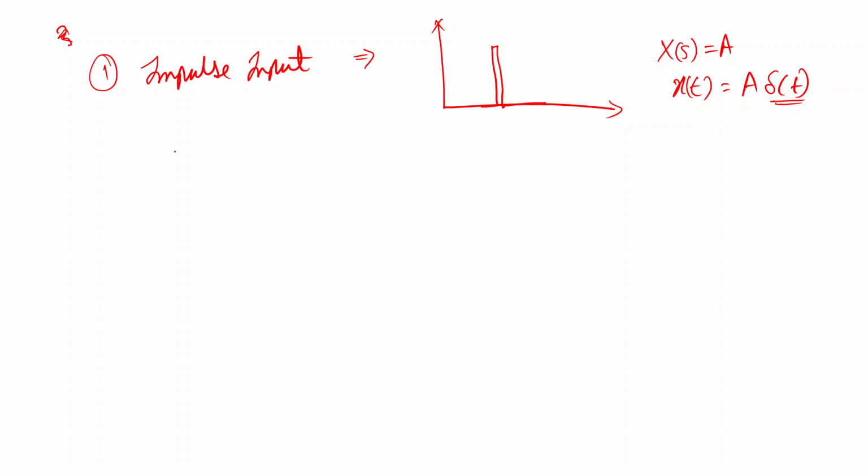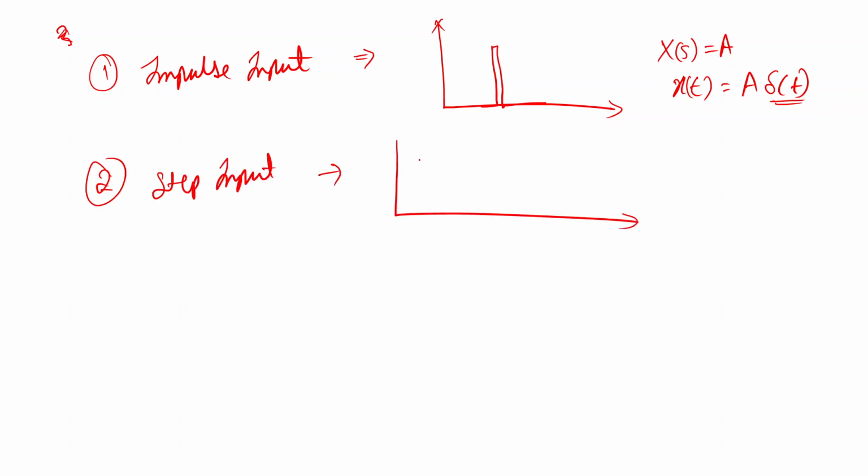The other kind of input that we will be dealing with mostly is step input. In step input we increase the input to a fixed point and then keep it constant, and the equation in S domain will be x of s is equal to A upon s.